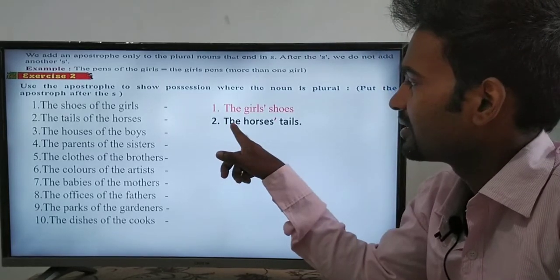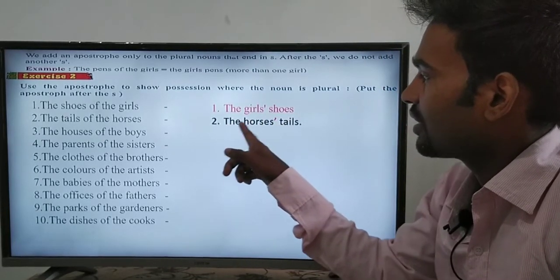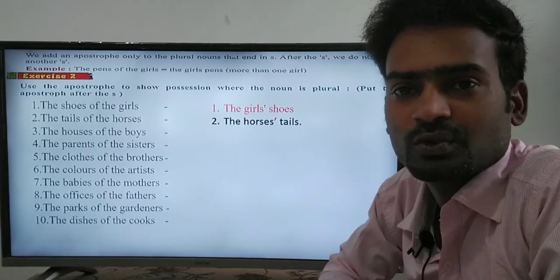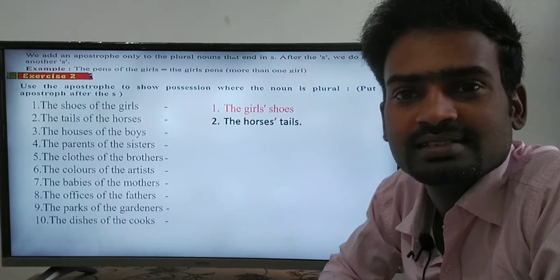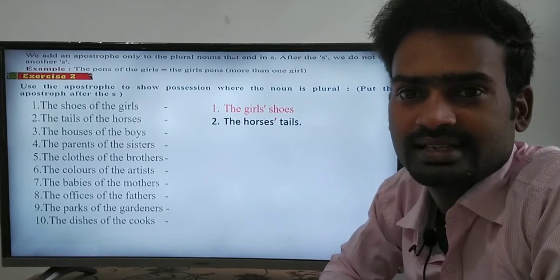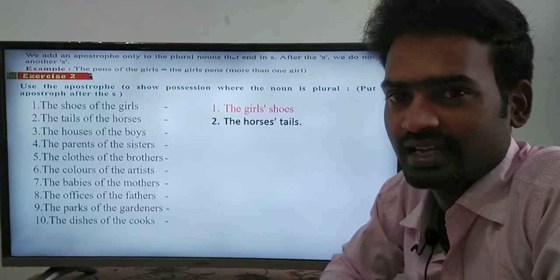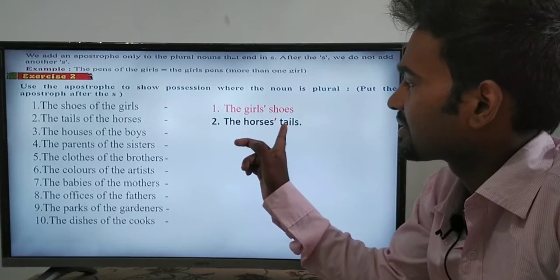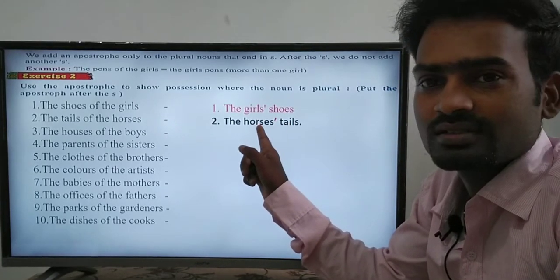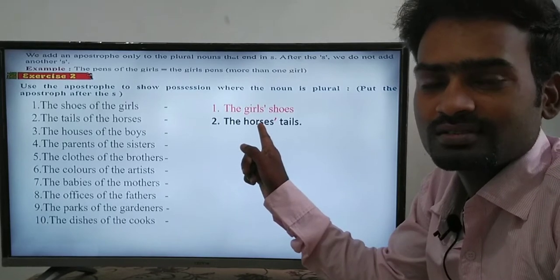See here, the horses' tails. Whose tails? Ask the question. Whose tails? Horses' tails. So ultimately it becomes the tails belonging to the horses. Who is the owner? Horse.